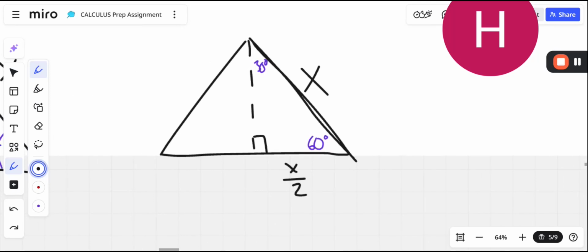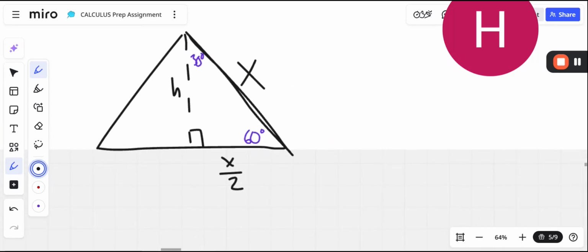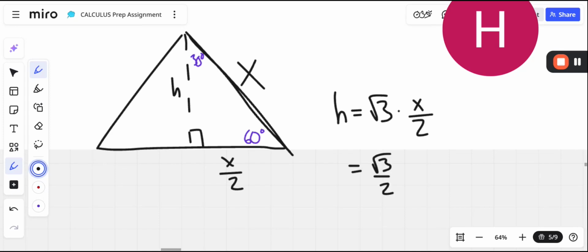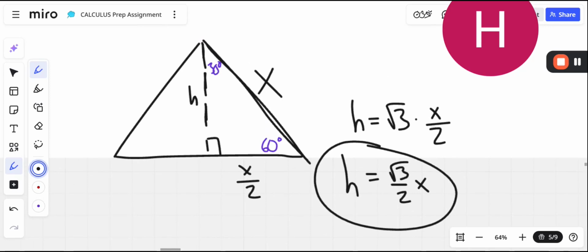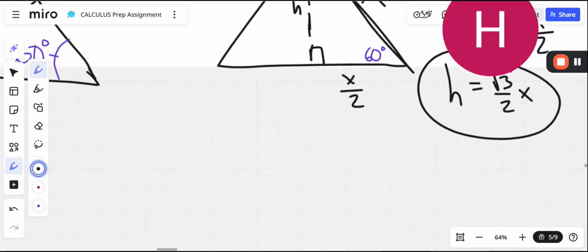Okay, so how can we find the height then of this? Well, we know that the height, we could use the Pythagorean theorem, but you should also just remember that the long side needs to be √3 times the short side. So we can call this √3 over 2 x. And if that's the height of this split triangle, it's also the height of the full triangle, like before we split it.